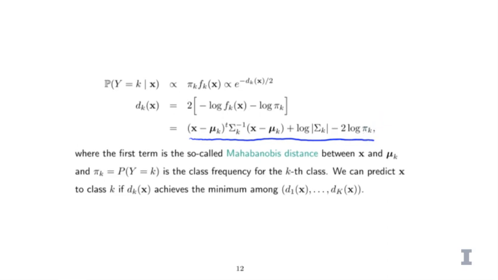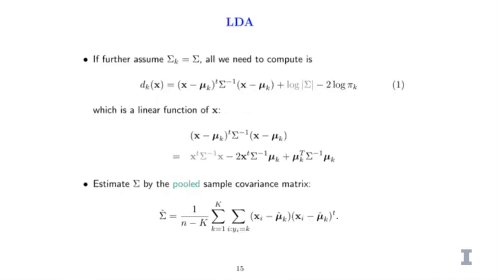If we further assume all the groups share the same covariance matrix, sigma k is equal to a common sigma, then the discriminant function we need to compute will take this form. The first term, again, is a quadratic function, measuring how far the data point x is from the class center mu k in terms of the Mahalanobis distance, and then the log determinant of sigma and minus 2 log of pi k.